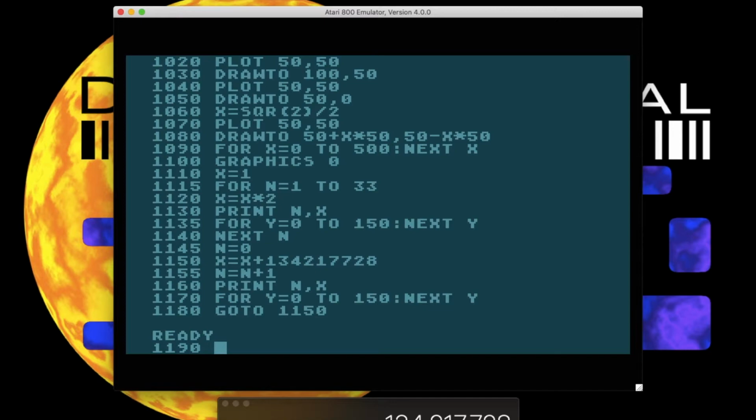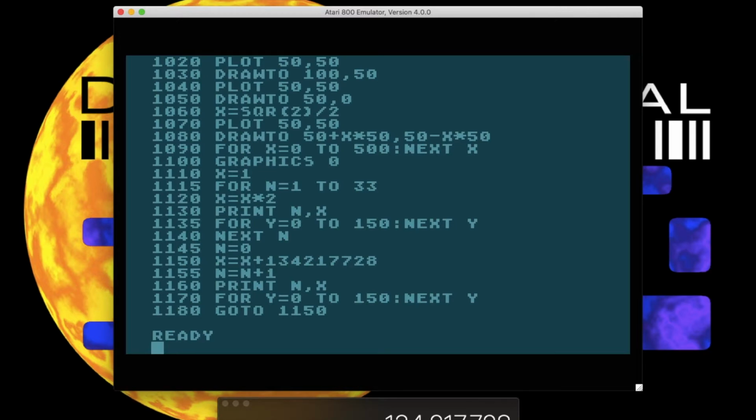Let's try going 1080 x. Looks like it's all nines.